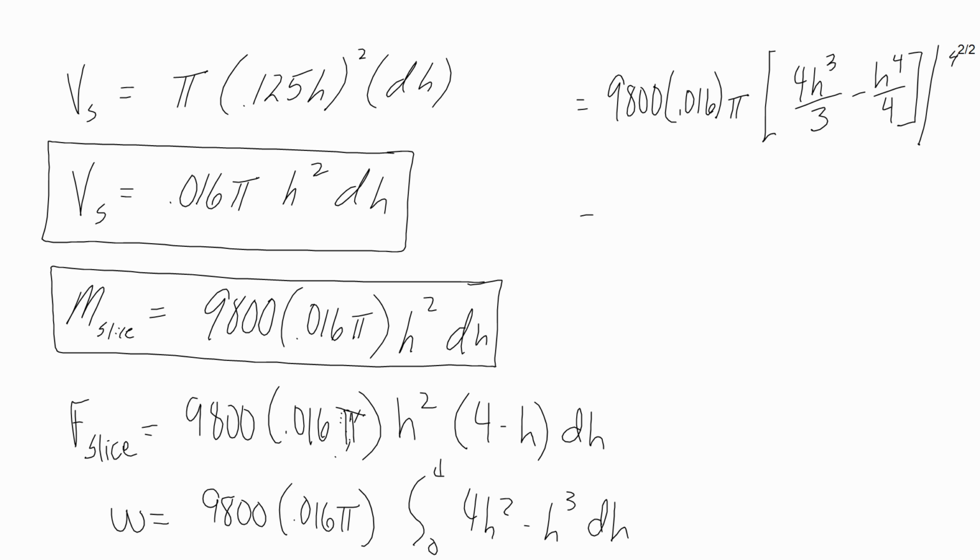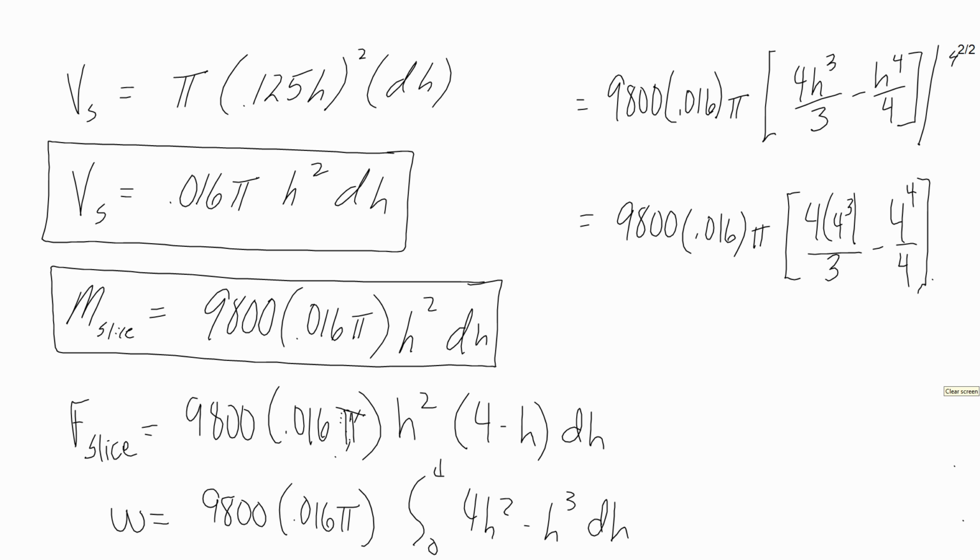So that's equal to 9,800 times 0.016 pi, and then 4 cubed over 3 minus 4 to the 4th over 4. What's 9,800 times 0.016? Calculator drill team, let's go.